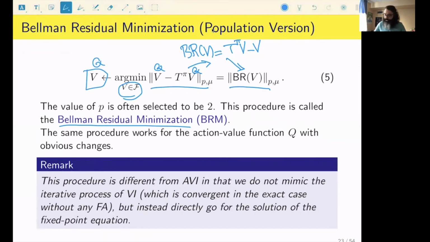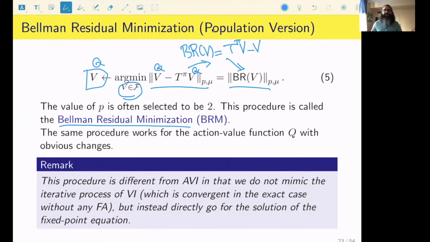Okay, perfect. If you compare it with approximate value iteration, it is interesting, because approximate value iteration was an iterative procedure. We find some V_k, we apply T V_k and get to the next V_{k+1}, and do it many times until we converge.